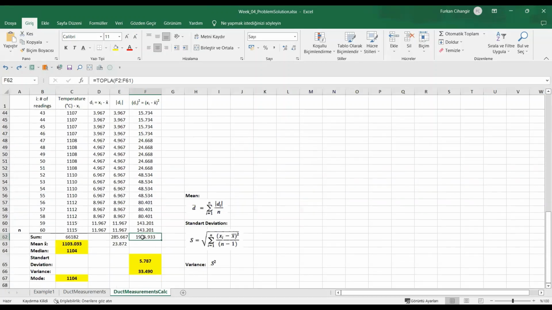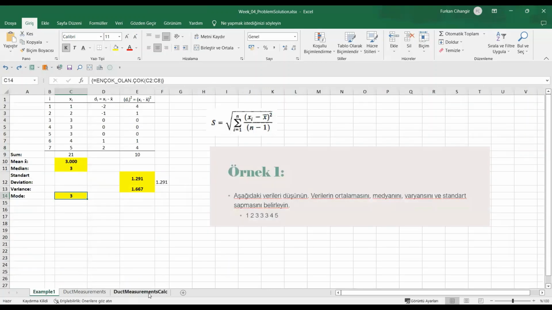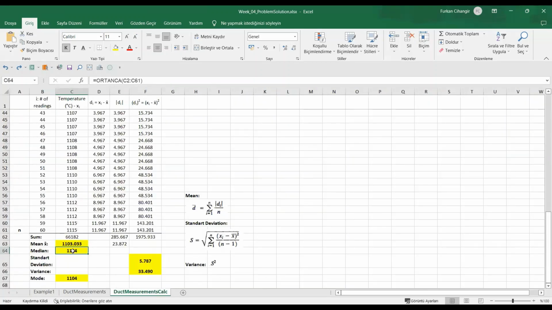Okay, here this is my average. Remember, we talked about how to calculate averages, the formula. And this is my median. Here, this is the median formula. This is your mode. Okay, this is your mode formula.